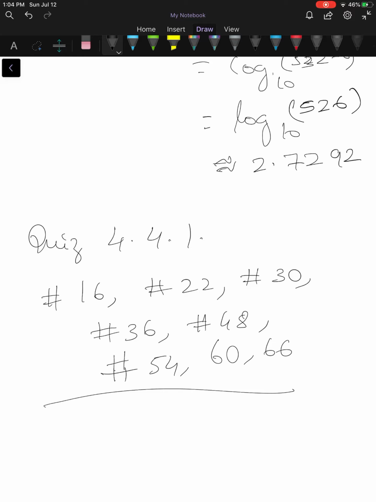These are very simple problems, it may take max 10 or 15 minutes. If you go through this video and the book properly, you will be able to solve them very easily.